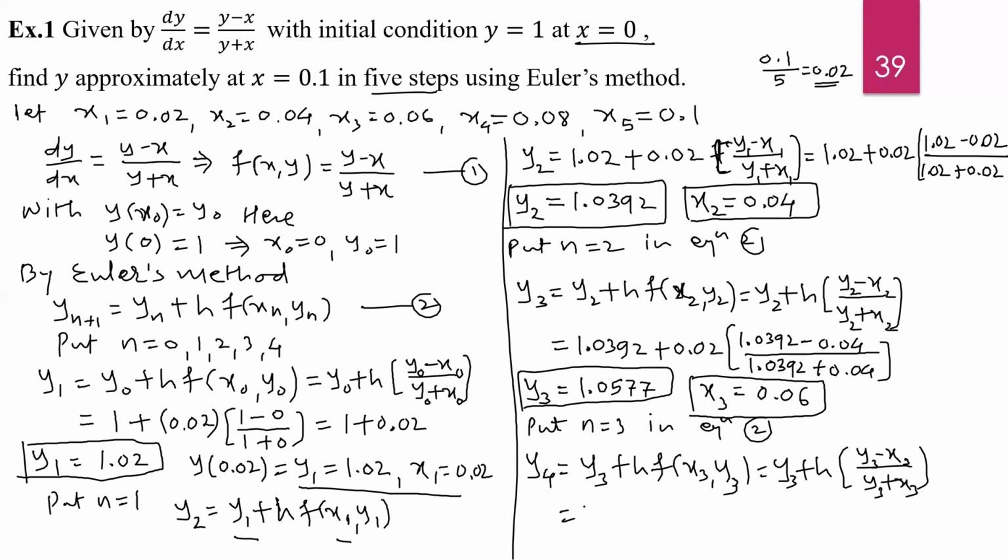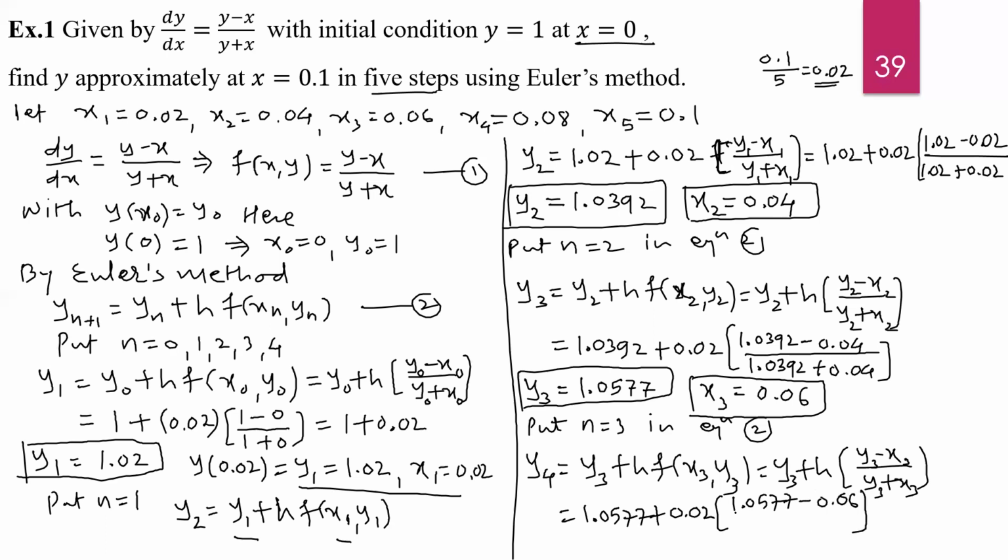The y3 is 1.0577 plus h, 0.02, in bracket, the value of y3 is 1.0577 minus 0.06.